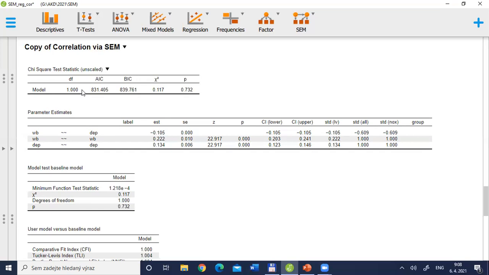An alternative hypothesis says, no, my model doesn't fit my data. It means that the correlation or covariance matrix from my data is quite different from the correlation or covariance matrix which is based on my model. So once again, null hypothesis says the model is good. Alternative says no, the model is not good.